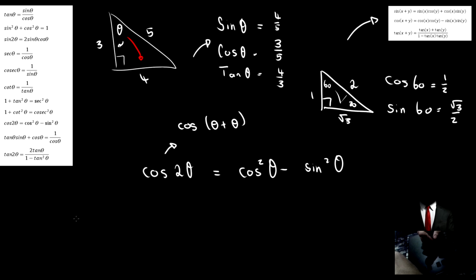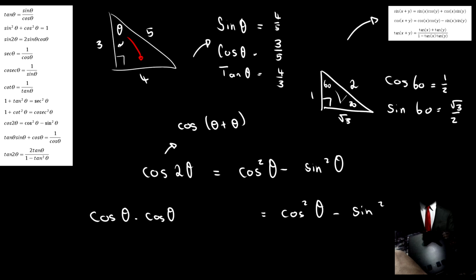On the left hand side, I'm going to say cosine theta times cosine theta minus sine of theta times sine of theta.